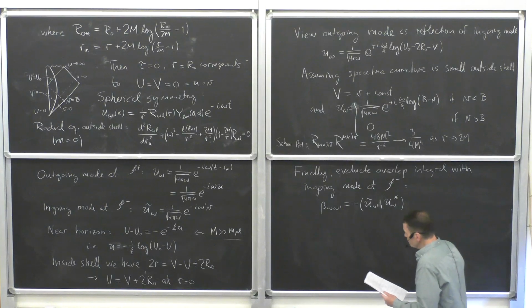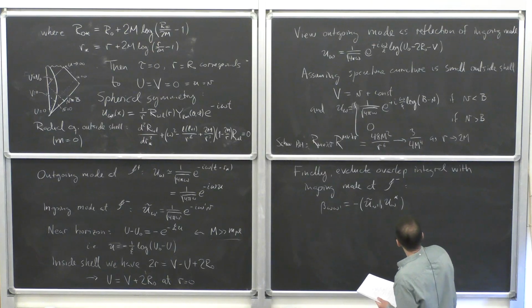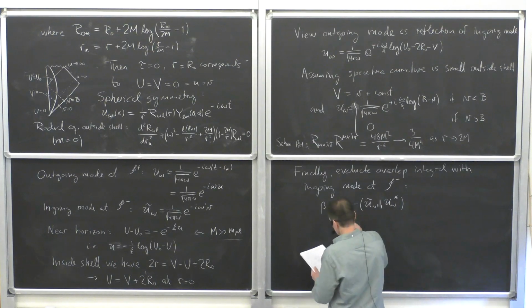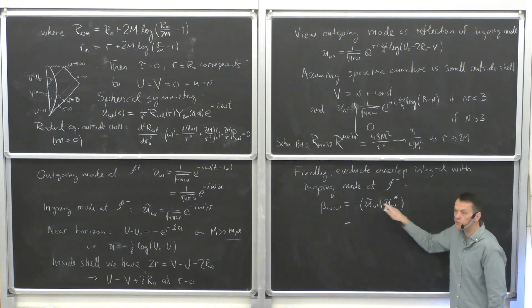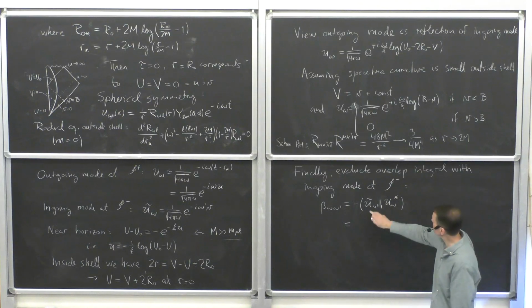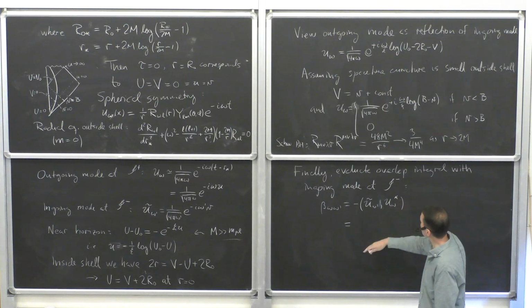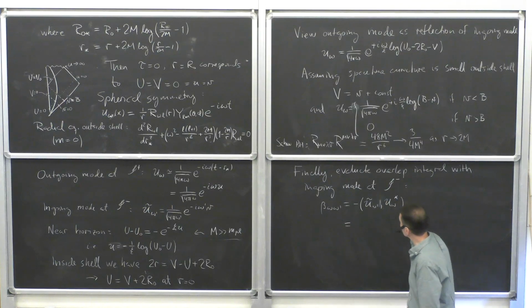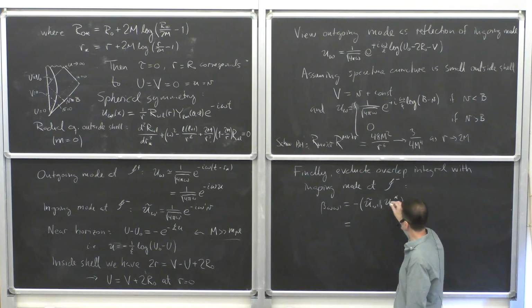And now remember this guy involved two terms. I'm integrating along my Cauchy surface, and in the limit that I'm going at very early times, that reduces to an integral over the v.